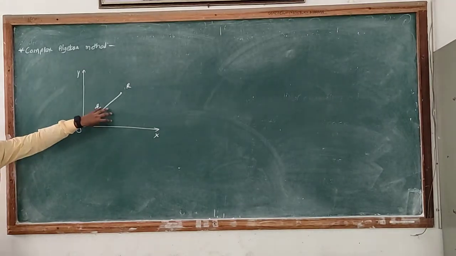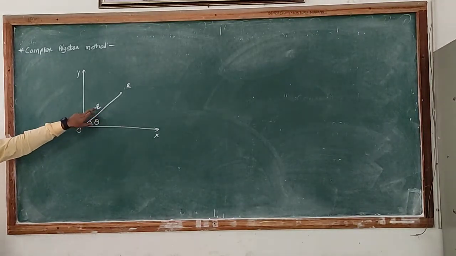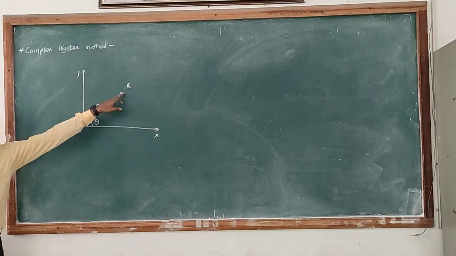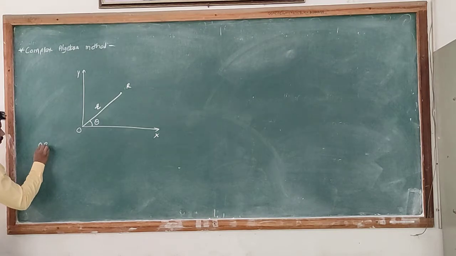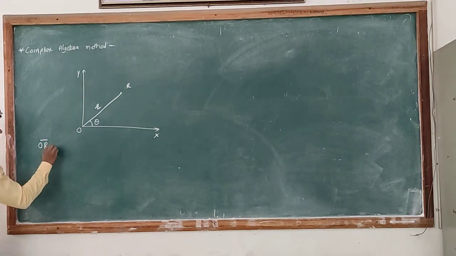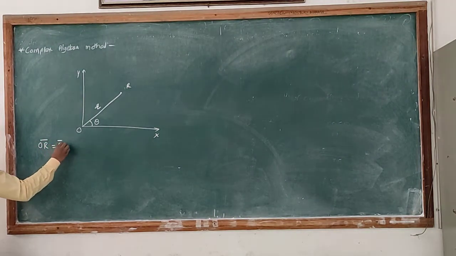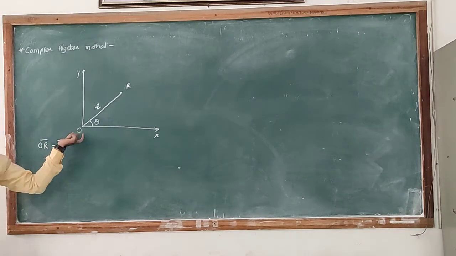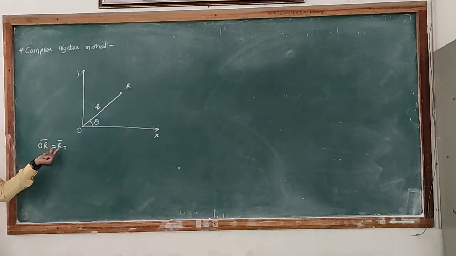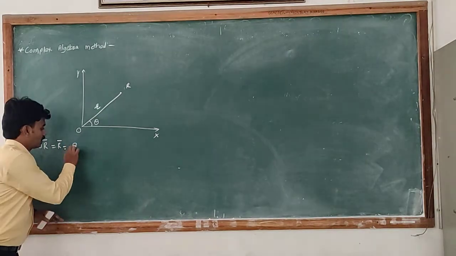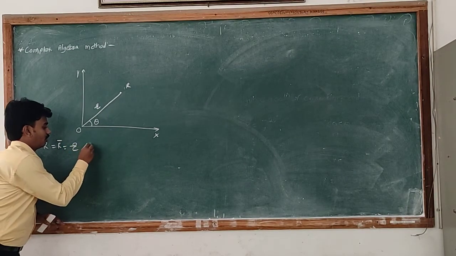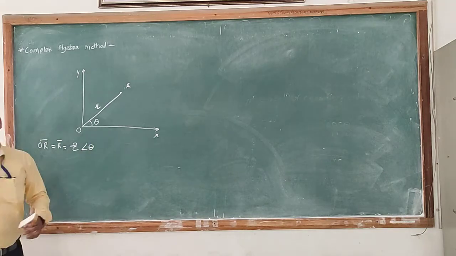Means if we want to find the exact location of this point R, we can write OR bar is equal to R bar. Generally the O is not considered, so OR bar is equal to R bar is equal to R into angle of theta.